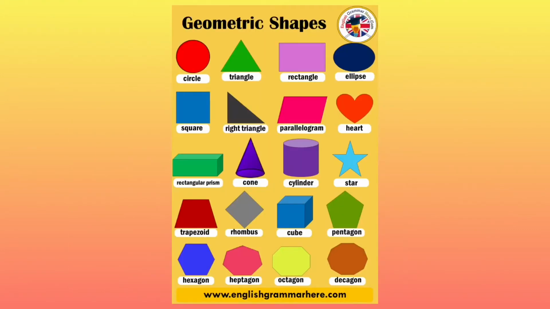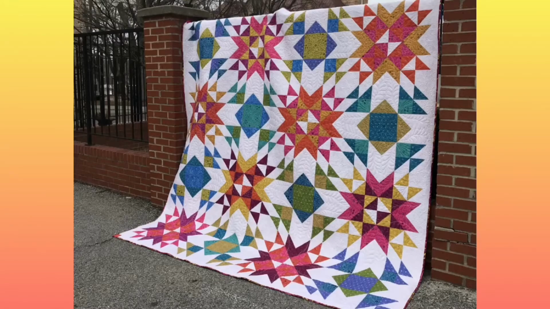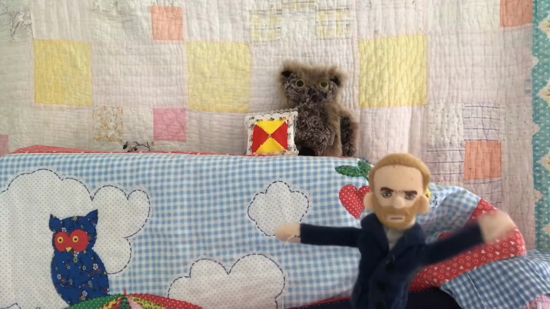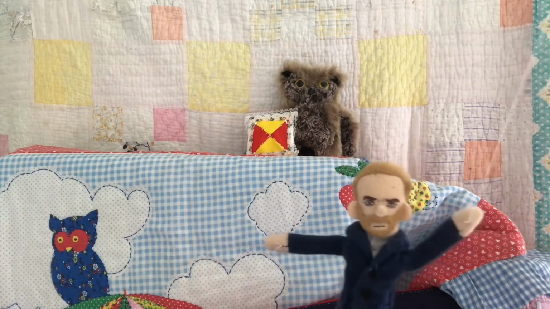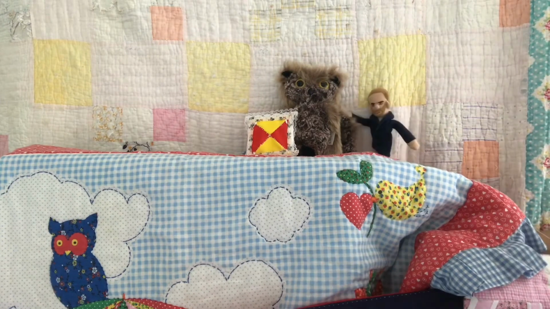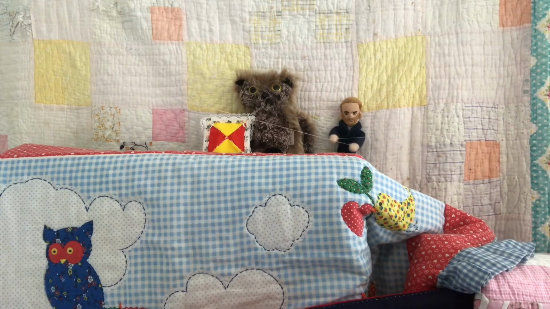Geometric shapes have perfect uniform measurements, and they don't often appear in nature. Quilt designs often incorporate geometric shapes. Let's see if Screech used any geometric shapes in his artwork. Great job, Screech. I see some triangles and a big square.